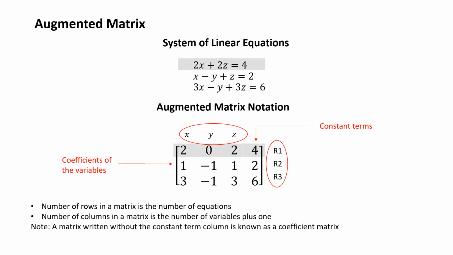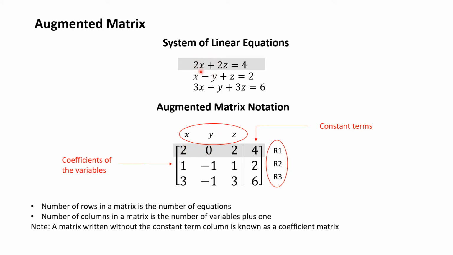Next, let's look at an example. Let's see how equation 1 is written in the augmented matrix. Since this is equation 1, all the coefficients are going to be written in row 1 and under their corresponding variables. Variable x has a coefficient of 2, therefore we've written 2 in row 1 and under the variable x.